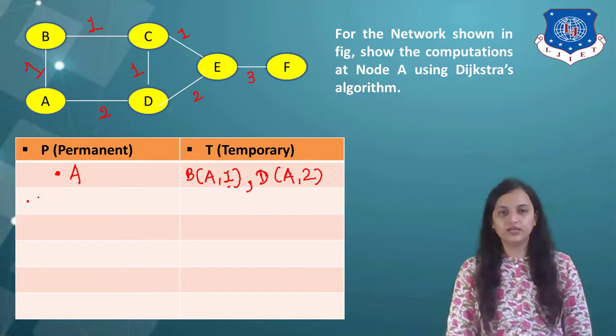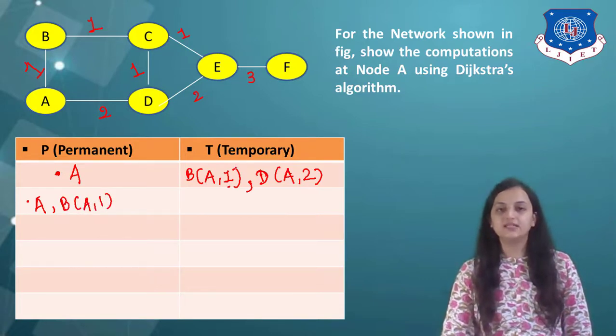So the entry over here is A, comma, B, A, 1. Now, as this node B has moved to the permanent side, we need to carry forward the remaining one on this. That means D, A, comma, 2.